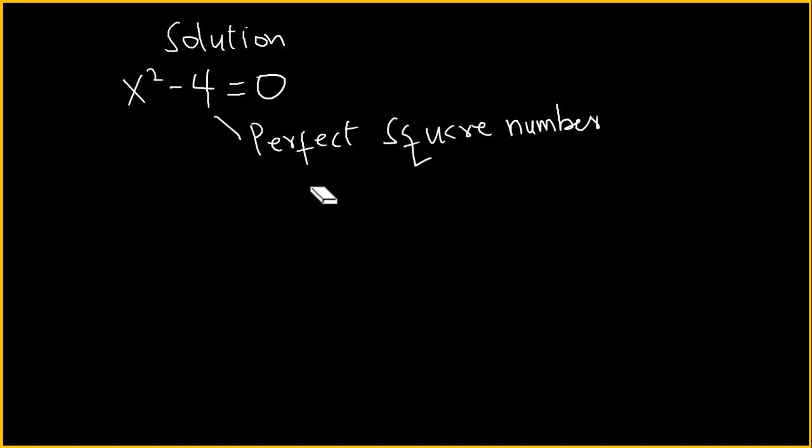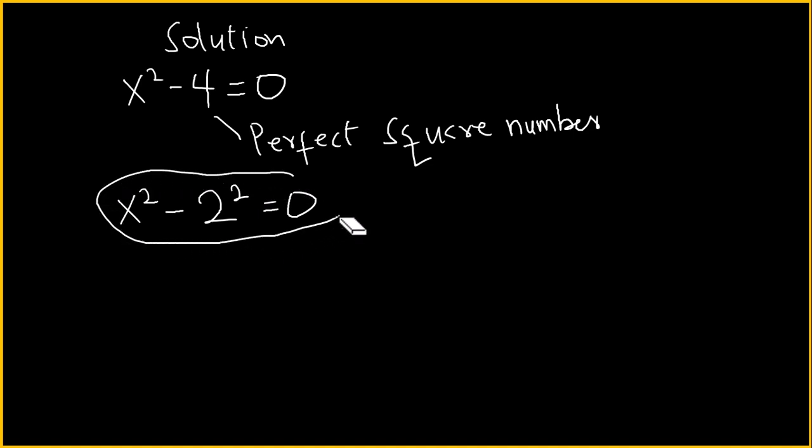Writing this in an index form, that would be x² minus 2² equals 0. Looking at this, our x is to the power 2, our 2 is also to the power 2, and this form of equation is called difference of two squares.